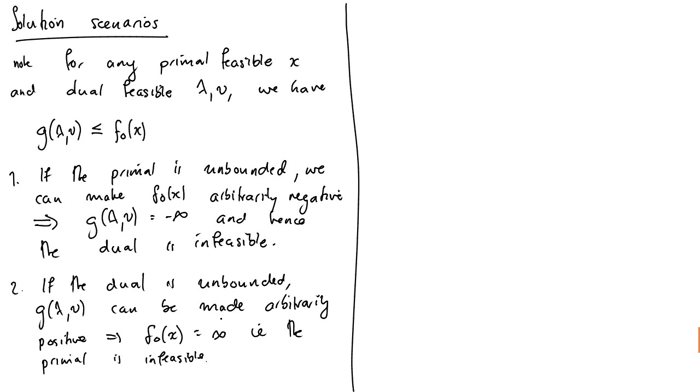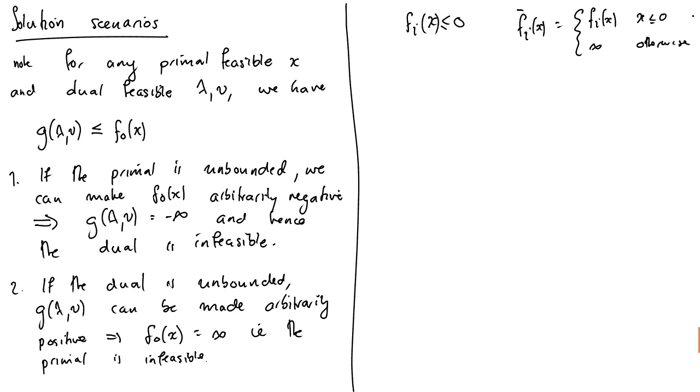Often in the literature, instead of setting up, let's say you've got a constraint x less than or equal to 0, one way you can implement this is to say that I bar of x equals I of x if x is less than or equal to 0, and positive infinity otherwise.